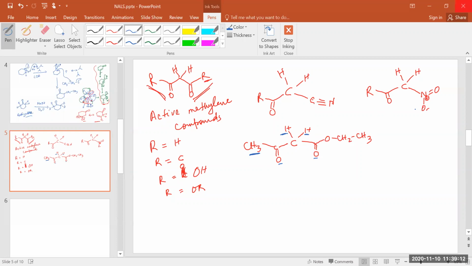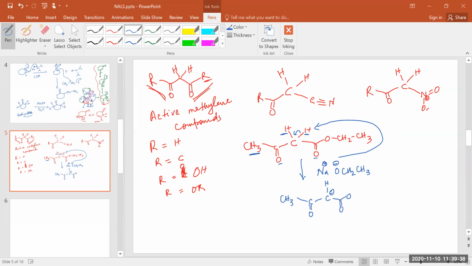Now if you take sodium ethoxide, a base, it can take the proton and form a negative charge. So you'll have CH3CO, CH, negative charge, and you can write all types of resonance for this. I'm writing Et for short.